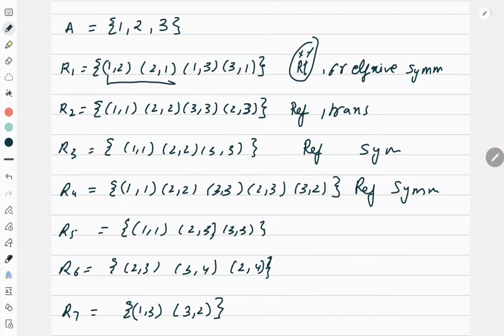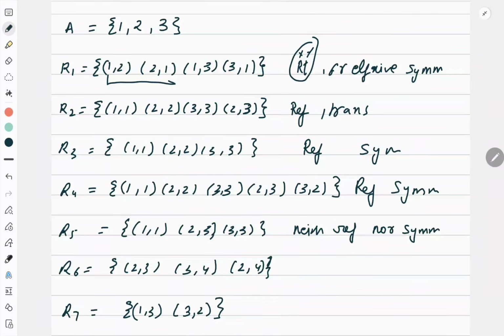So now R5, if you observe, R5 is not reflexive because (2, 2) is not there. Correct? It is not symmetric also because (2, 3) is there, but (3, 2) is not there. Okay, it is not transitive also. So R5 is neither reflexive nor symmetric.